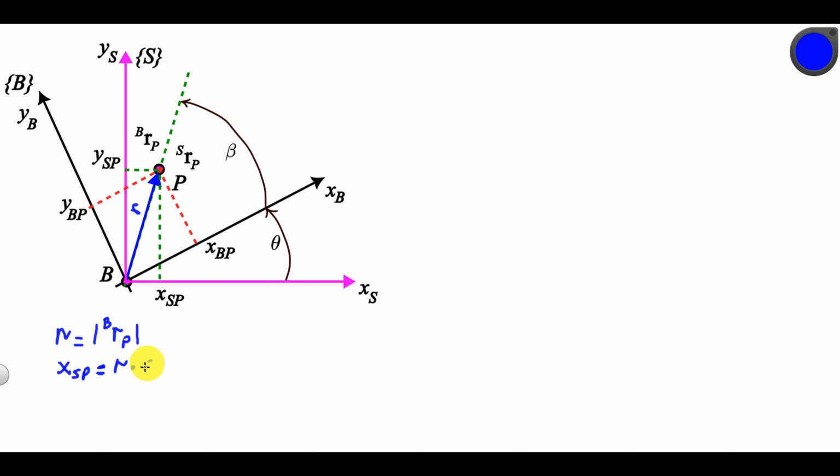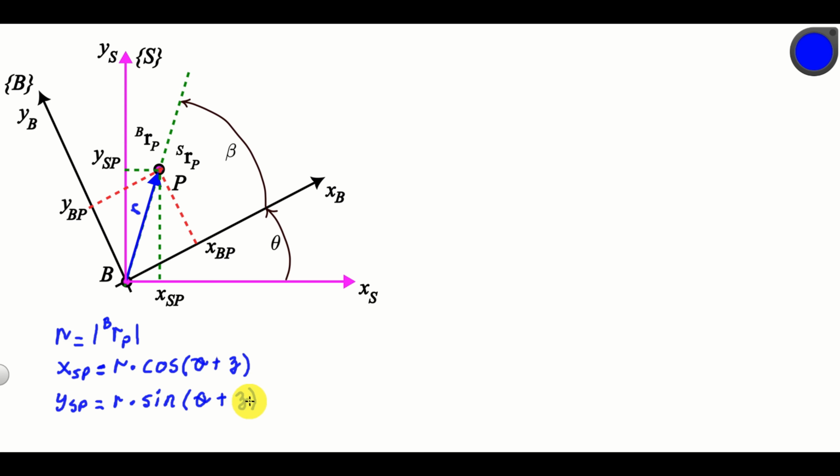So let's write it down, cosine of the angle theta plus beta. Then, we can see that YSP, that is this projection, is equal to the intensity of this blue vector multiplying the sine of the angle theta plus beta.